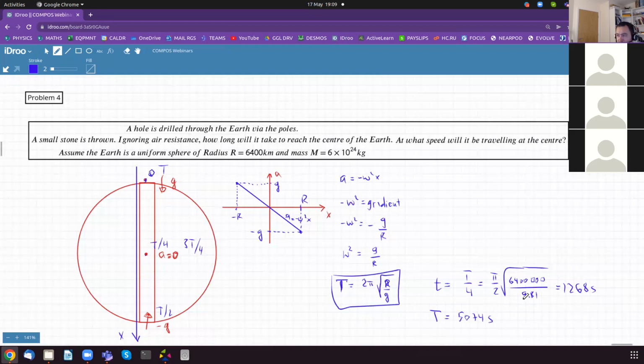Is that realistic? It is independent of the mass of the Earth. The mass of the Earth is considered within g, of course.